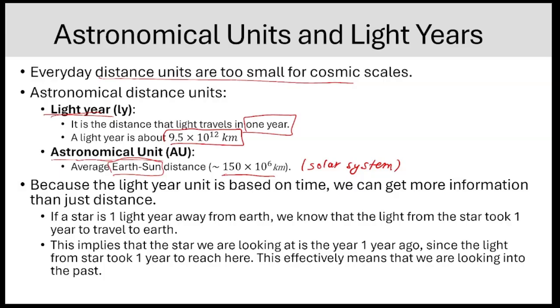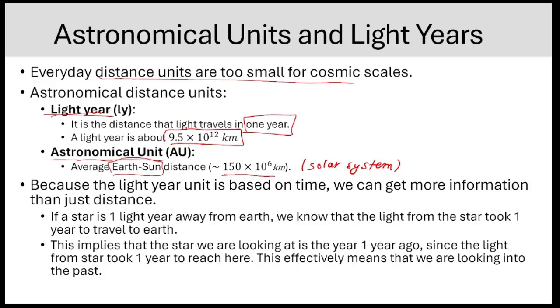And because light takes time to travel, looking at a star, for example, 1 light year away means seeing it as it was 1 year ago. In other words, we can say that telescopes are a kind of time machine.